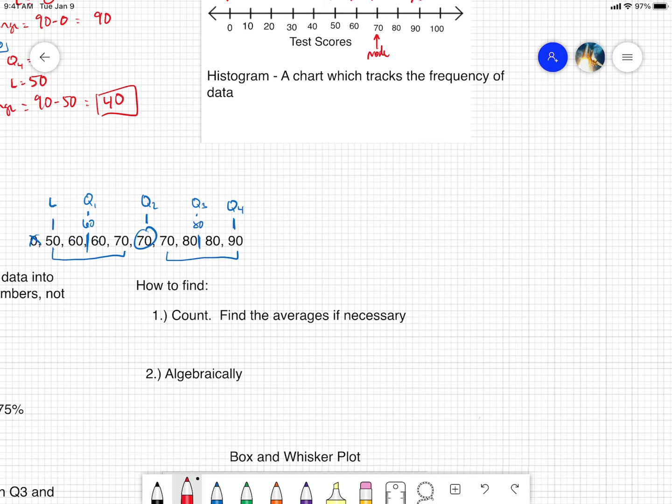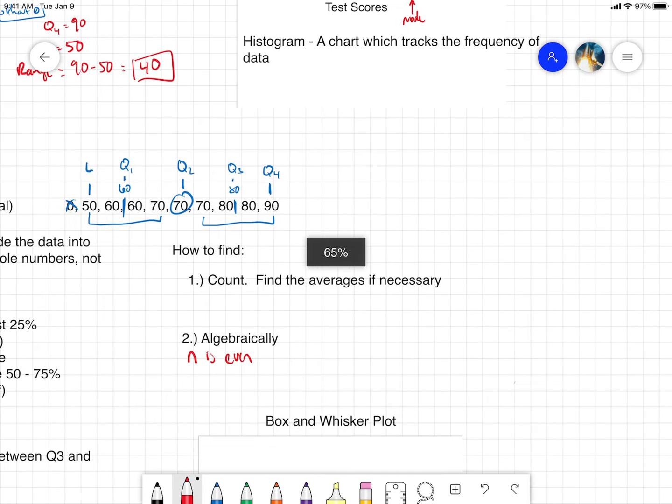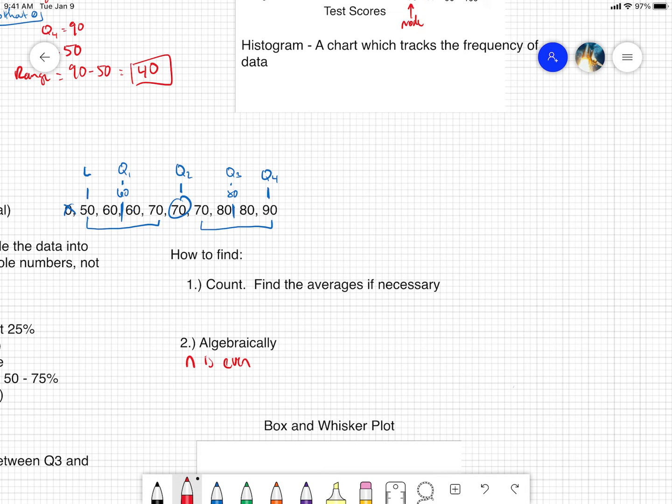If n is even, so 10 for example, then the position of Q1 is equal to n plus 2 over 4. Let's look at an even one.